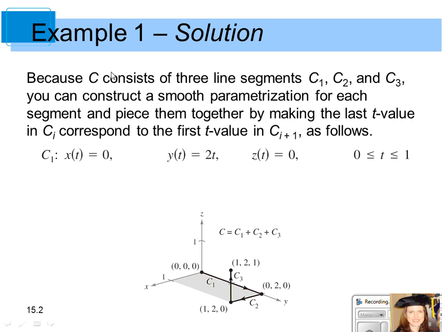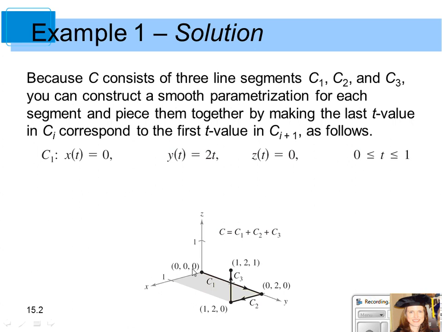Because C consists of these three line segments, C1, C2, and C3, you can construct a smooth parametrization for each segment and piece them together by making the last t value in Ci correspond to the first t value in Ci plus 1, as follows. For example, C sub 1: your path is going from the point 0, 0, 0 to the point 0, 2, 0.